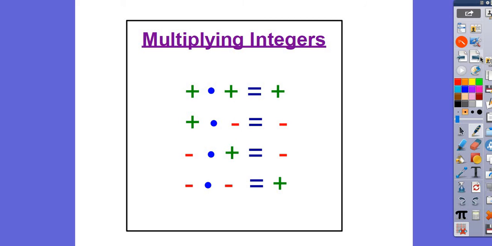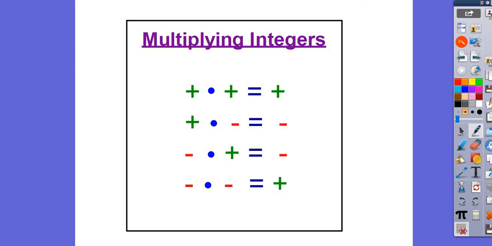Negative times positive gives me a negative. And then negative times negative gives me a positive. Okay, so this sticky note should be on number 1. And that's going to be our answer for number 1.